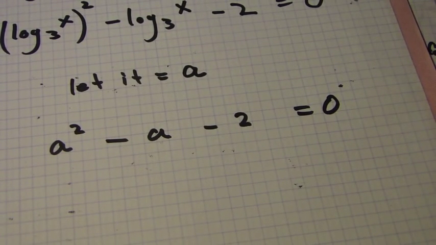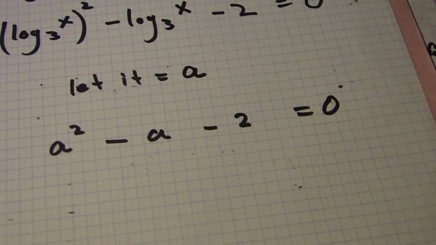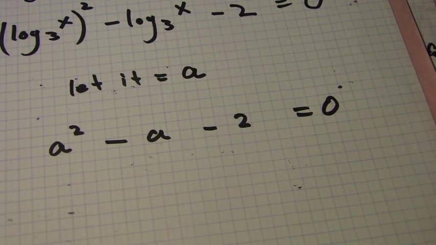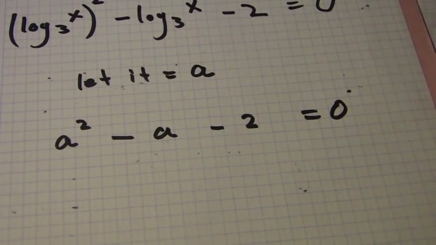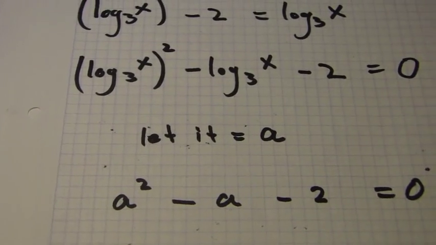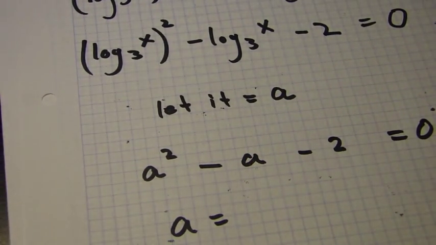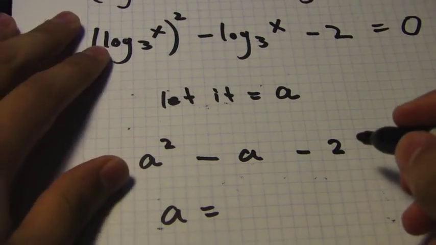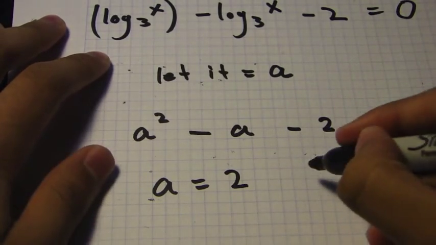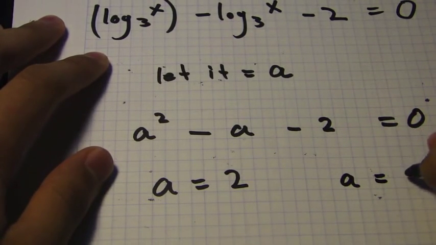And if you work this out, you will end up with a equals 2 and a equals -1.